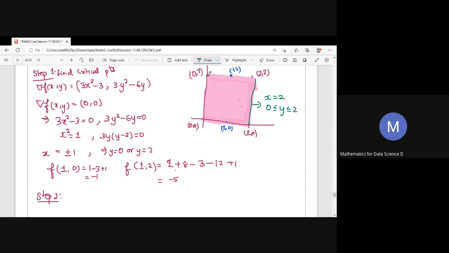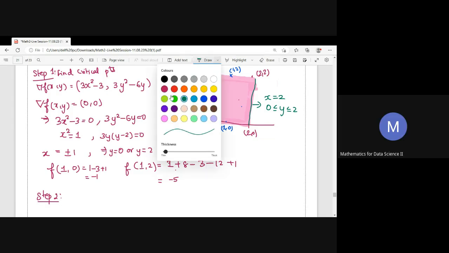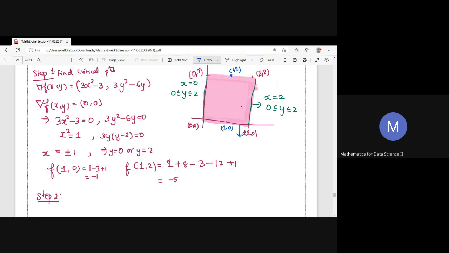In the same way, for this boundary, x is equal to 0 and y varies from 0 to 2. And for this boundary, y is equal to 0 and x varies from 0 to 2.